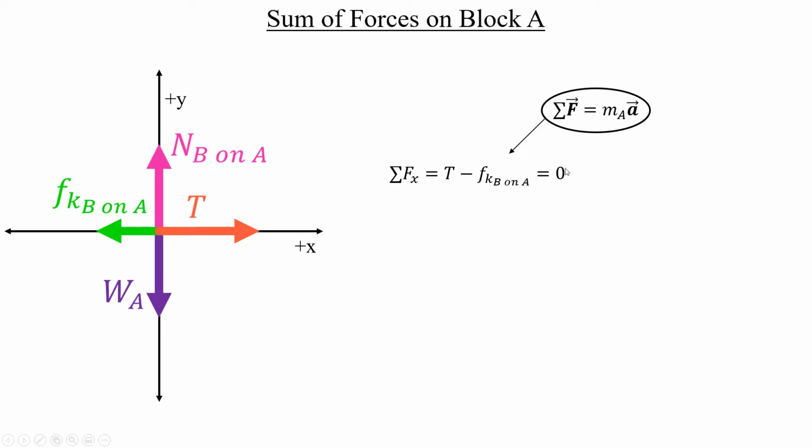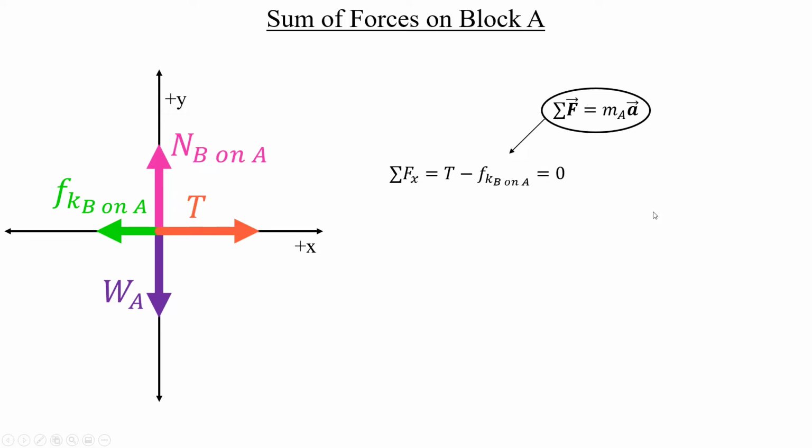And you might think, well, really, we're using kinetic friction instead of static? Yes. Remember, we're pulling on block B, and so it's already starting to move, and hence that's why we're using kinetic friction as opposed to static.